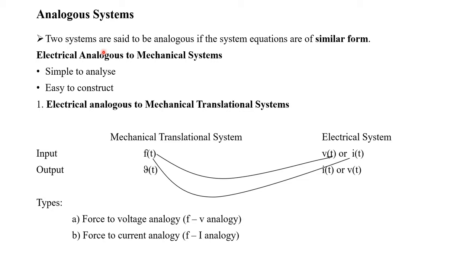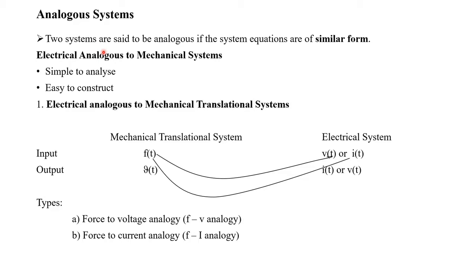So what is the use of analogous systems? If two systems are analogous, then by knowing the response or the output of one system, we can easily find the response or the output of the other system without solving the system equation or the differential equation.